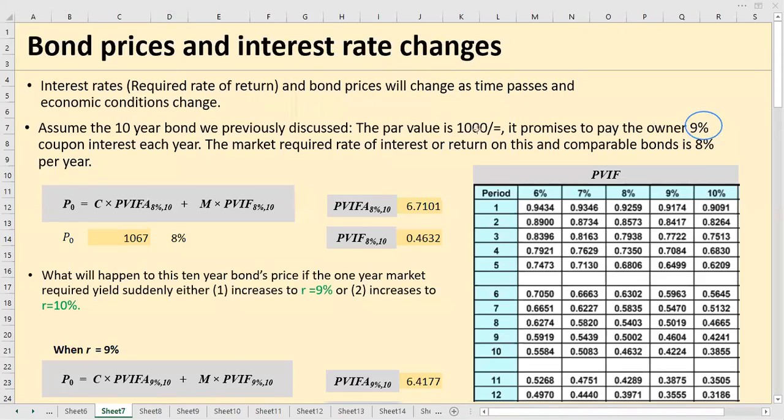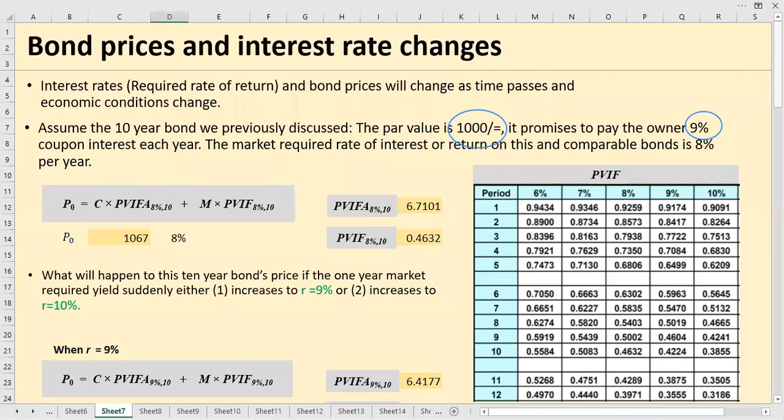So when the coupon payment is exactly equal to the required rate of return, the price of the bond gets equal to the par value, or the future value, or the redemption value, or the face value of the bond, right? So that is the relationship here.